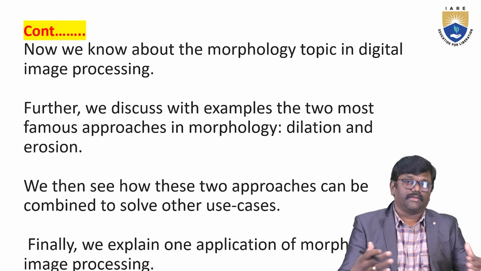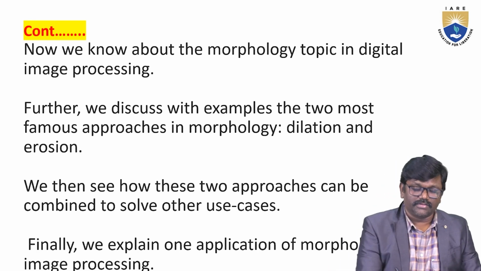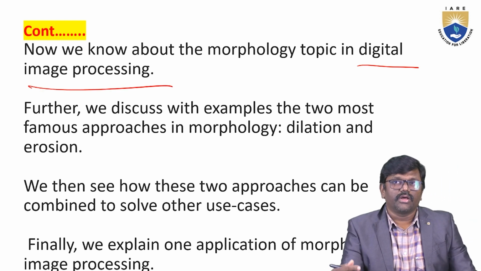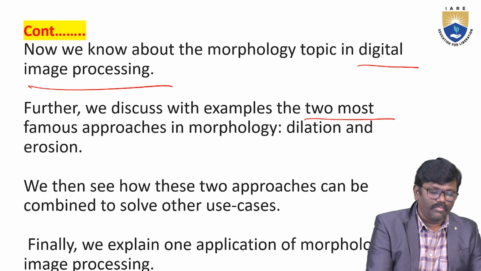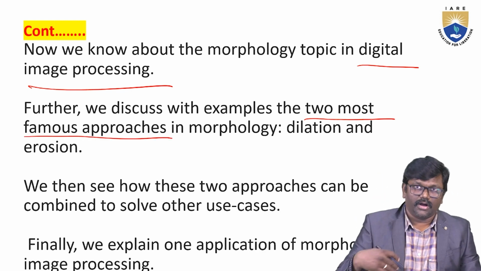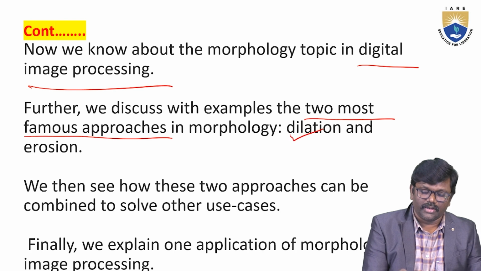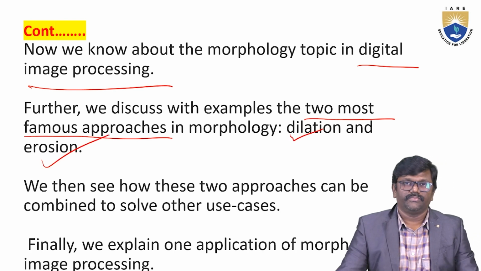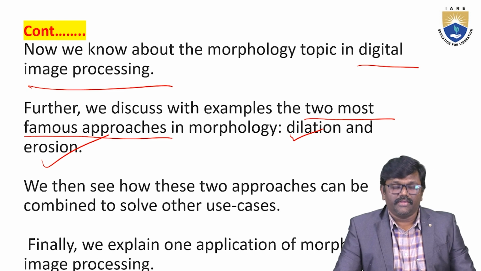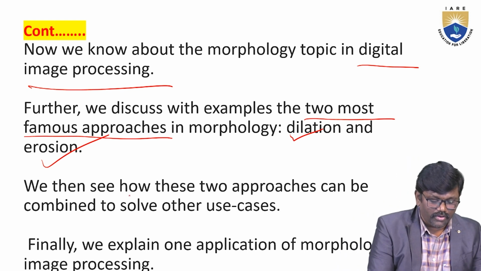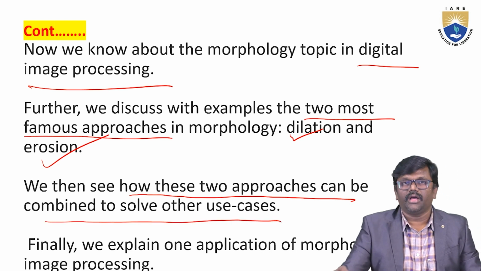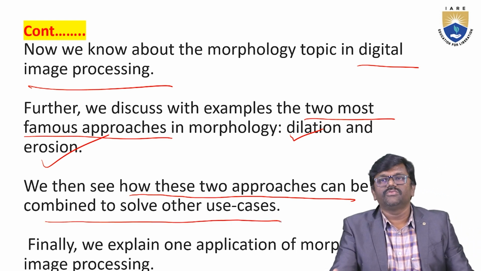To summarize our complete discussion in terms of digital image processing applications, we have seen the two most famous approaches in morphological operations: number one dilation, number two erosion. We also saw how these two approaches can be combined to solve use cases.